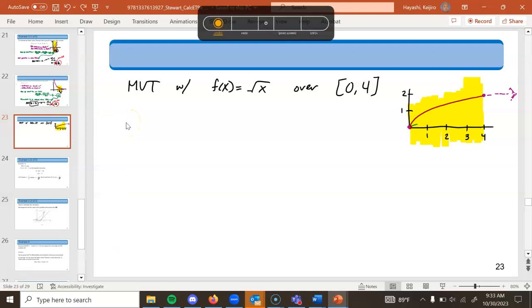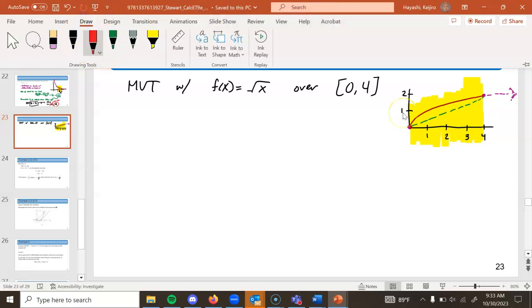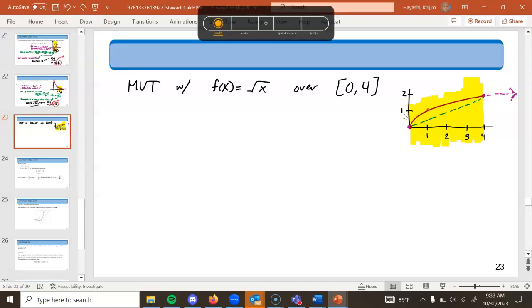So if we make the secant line between these two endpoints, that secant line is going to have a particular slope. I'm not sure what that is yet, but if this function is continuous and differentiable, there should be a place somewhere where the tangent line is parallel to that secant line.